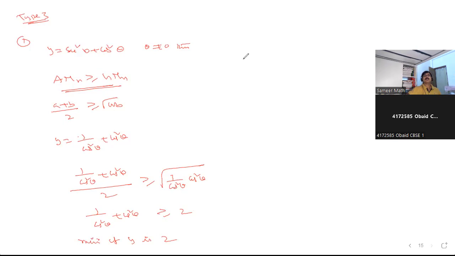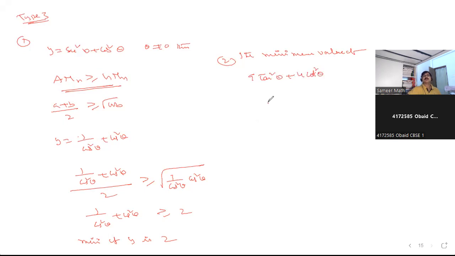Now come to the next one. Same question I am taking here. Sometimes they may ask you like this: the minimum value of 9 tan square theta plus 4 cot square theta.